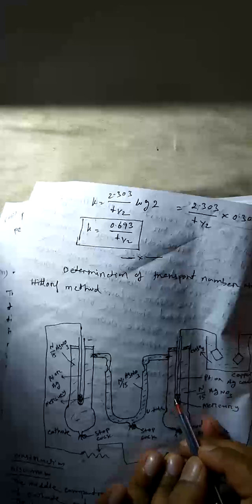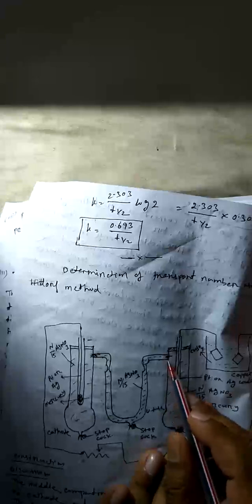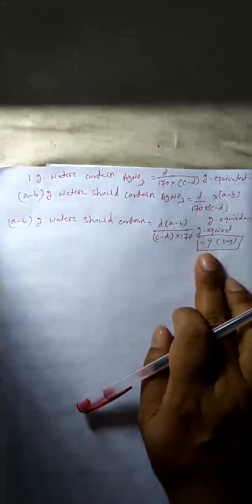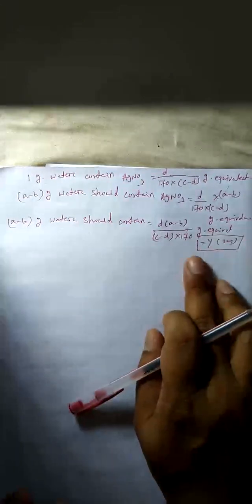So nitrate ion moves towards the anode and silver ion moves through the U tube towards the cathode. So some silver ion will be less. Now this Y value is greater than X.